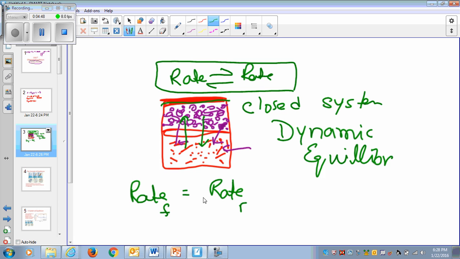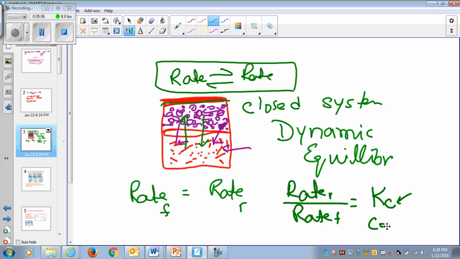So the ratio does not change. When we calculate the ratio, we divide the rate of the reverse reaction and the rate of the forward reaction, and it does not change, so the ratio remains the same. We call it the equilibrium constant, where C is the concentration. That means the concentration of the reactants or products doesn't change.